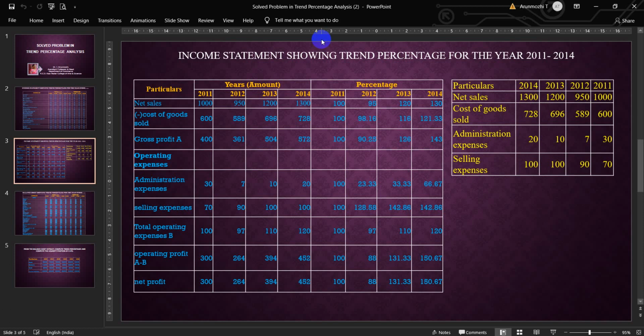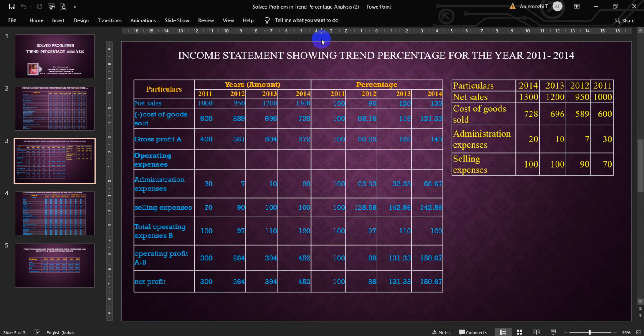Now for the next year, 728 into 116 divided by 696, you get 121.33. Same way with the GP: 400, 361, 504, 572. Same way. The first is the base year.